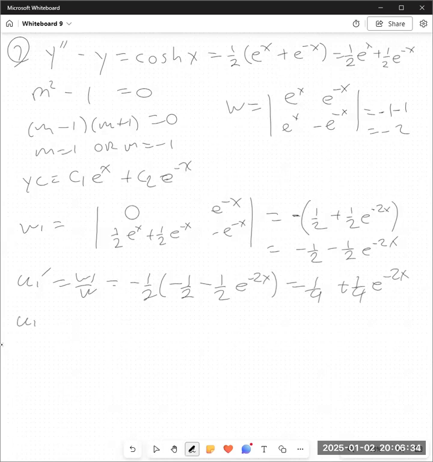So u1 is equal to the integral of 1/4 dx plus 1/4 integral e to the negative 2x dx. -2 and a -1/2 gives me 1/4 x minus 1/8 e to the negative 2x.